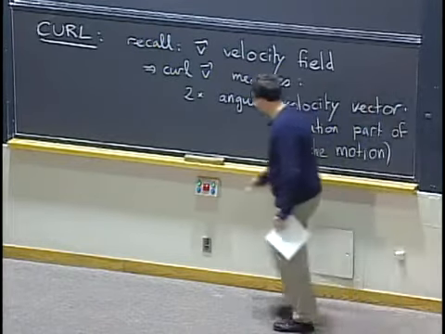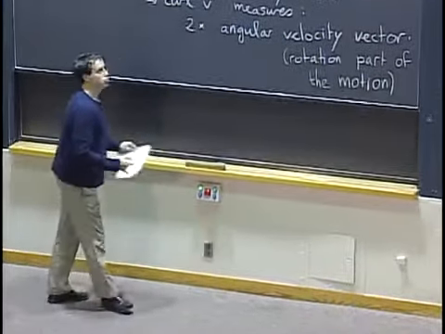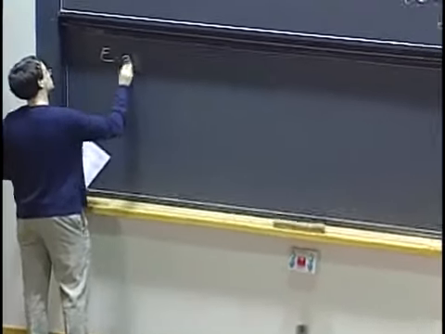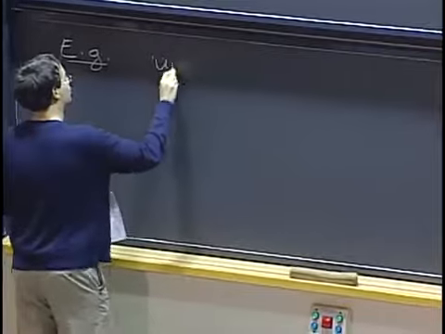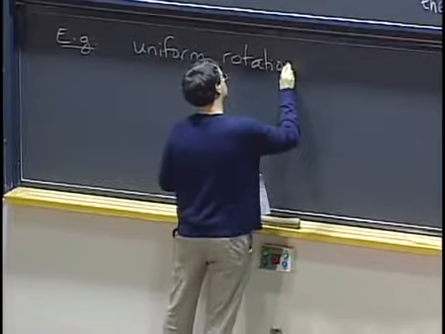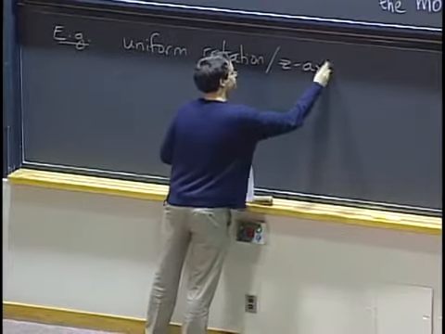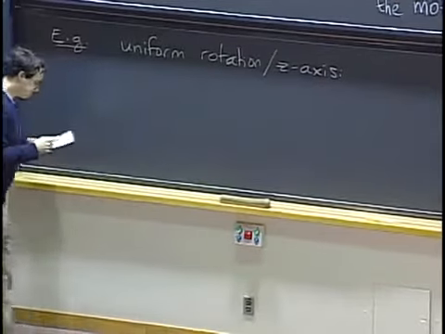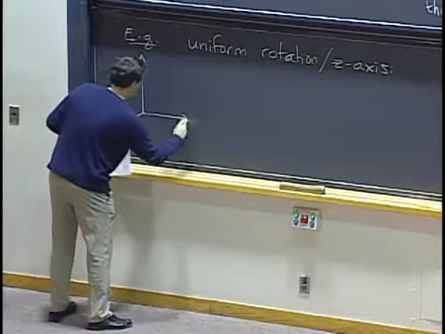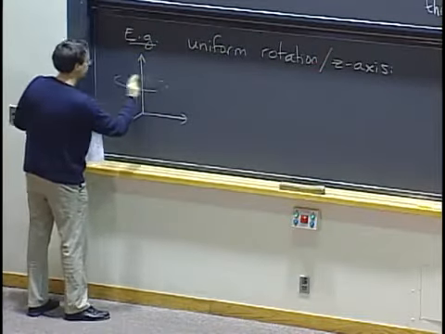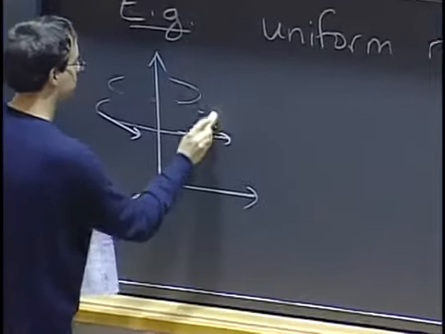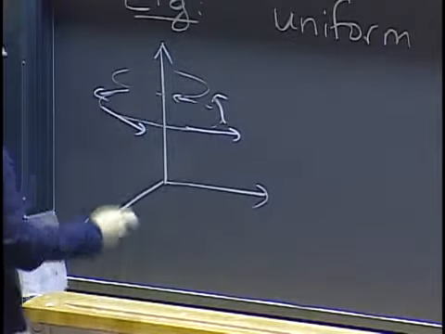So, for example, just to remind you, we've seen this a couple of times, but if I give you a uniform rotation motion about the z-axis, that's a vector field in which the trajectories are circles centered on the z-axis, and our vector field is tangent to each of these circles.